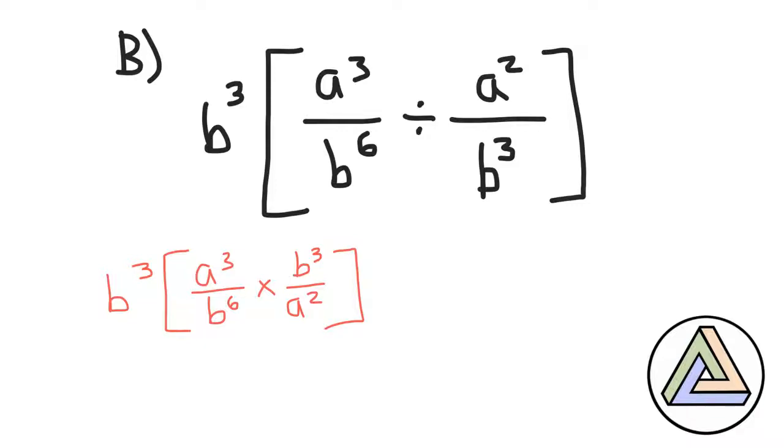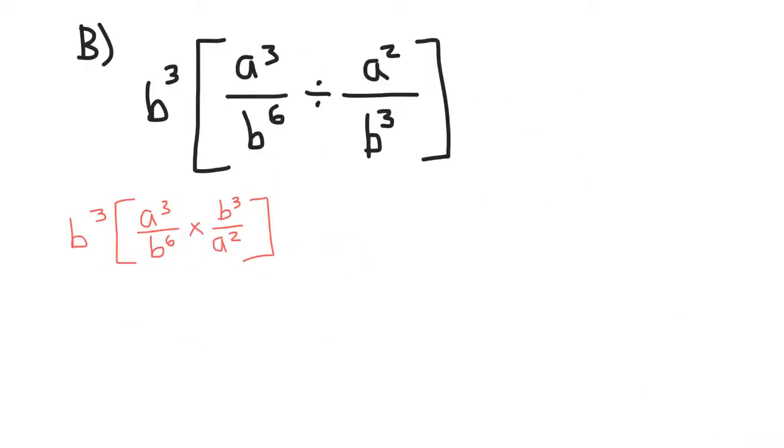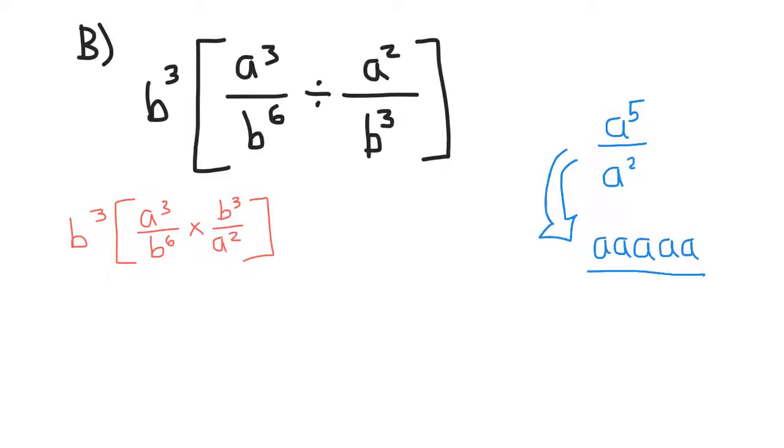Let's consider a simpler case. So what we're going to do is go over here and investigate a situation where imagine you had a to the 5th over a squared. Well, that's equal to 5 a's being multiplied together all over 2 a's being multiplied together.